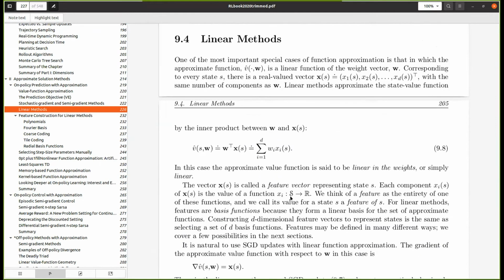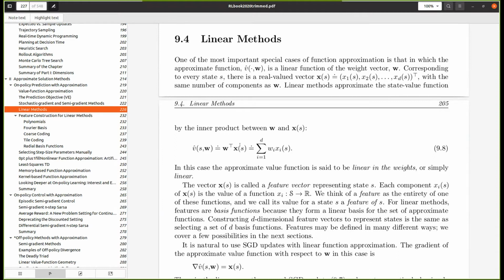The first simple way to improve it would be to use linear approximation. In this case, our value function will be approximated as a dot product of two vectors, a weight vector w and a feature vector x of s.